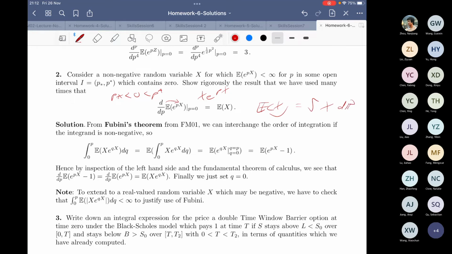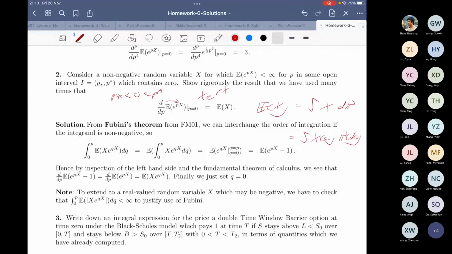I assume Marcus is using this kind of notation, X of omega dP, like that. Has Marcus been writing things like that? Yes. Okay, good.